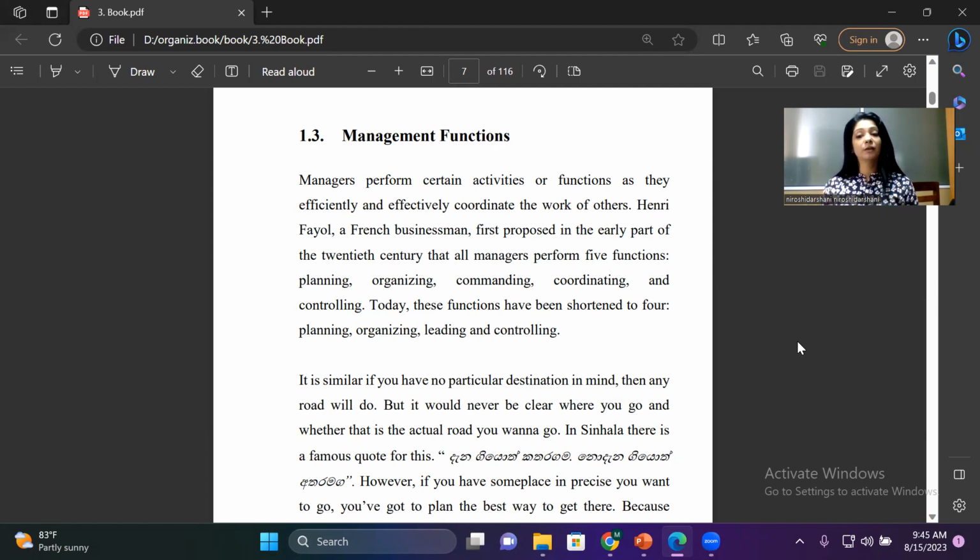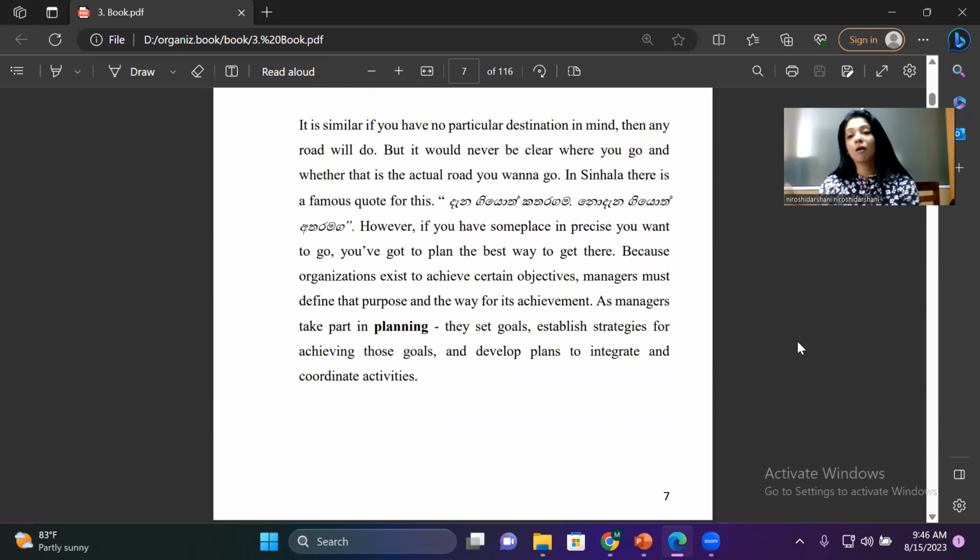So you have to get ready for a question where you imagine you are a businessman, and I give you what kind of business you are running and how you are going to use these management functions to make your business succeed. So simply, you have to focus more on these planning, leading, organizing, and controlling functions.